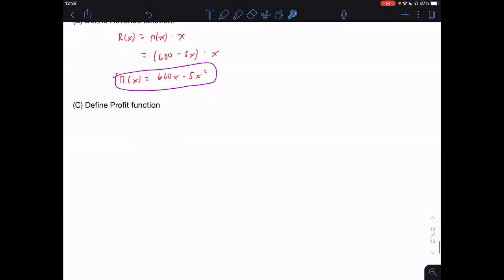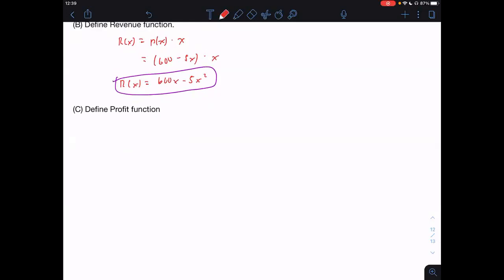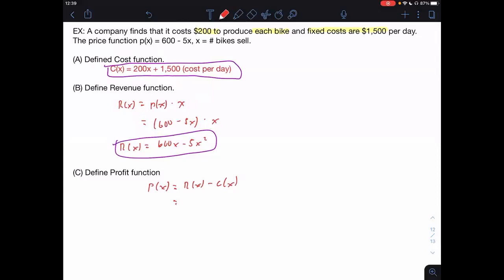Don't forget that your profit function, P of X, can be defined as your revenue minus your cost. So our revenue function, which we just found to be 600X minus 5X squared, minus our cost function, which we defined in part A as 200X plus 1,500.